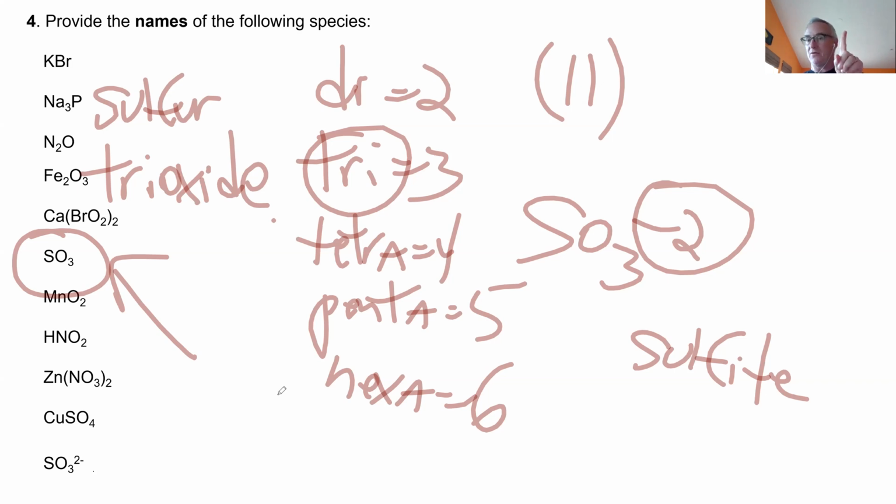That's only in a covalent. A lot of people make that mistake too. Like this one, Na3P, they'll say trisodium phosphate or trisodium phosphide. That is not correct. So that's why we do it, because it's easy to trip up.